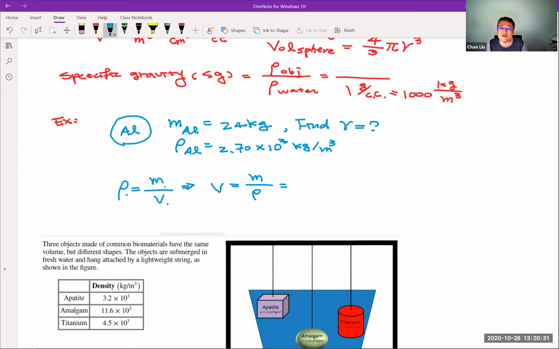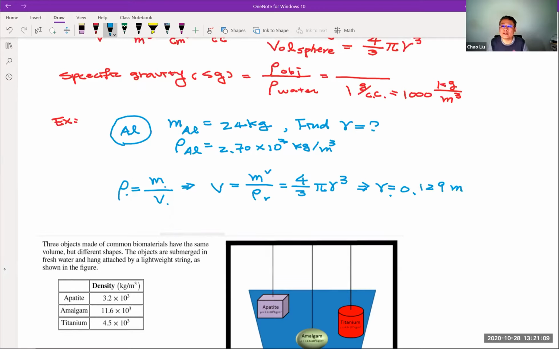The equation for the volume of a sphere, we just gave you, that should be equal to 4/3 pi r cubed. So you are given this number 24, and you are given this one, 2.7 times 10 to the third, and you put in this equation, then you should be able to find the r. So how do you do this calculation? Very simple and straightforward. You can verify the result. This r is going to be equal to 0.129 meter.